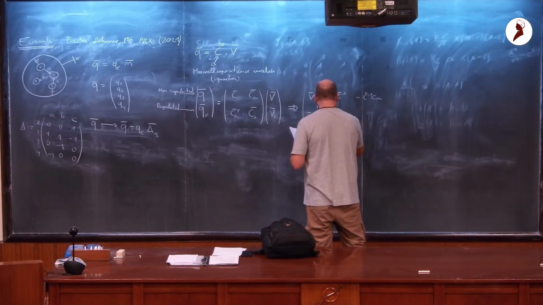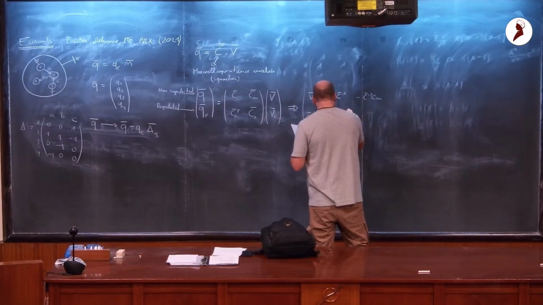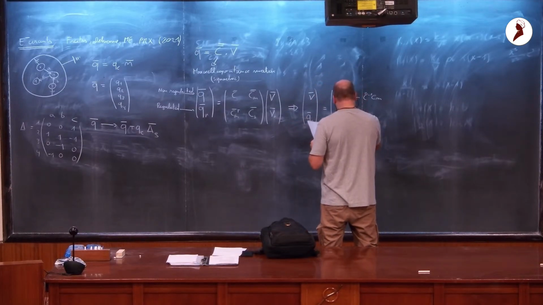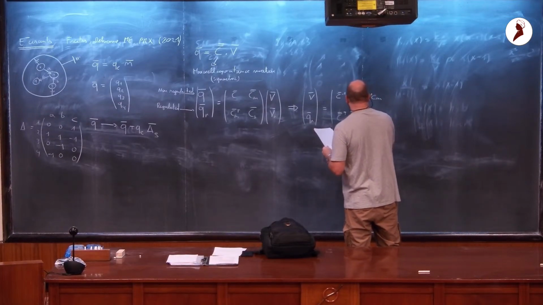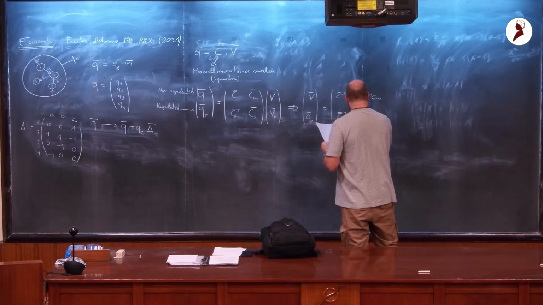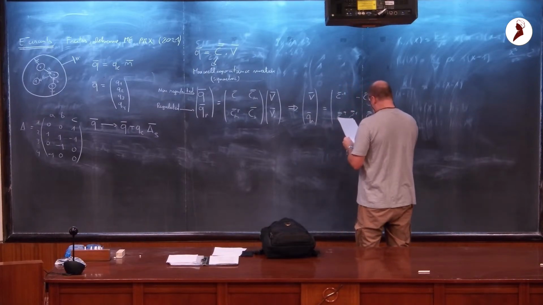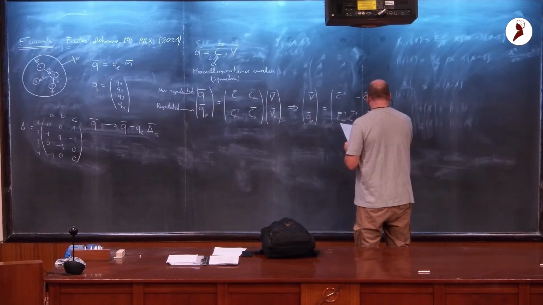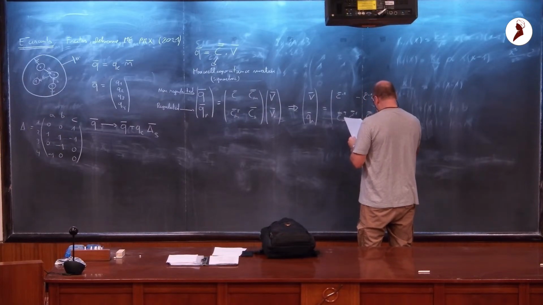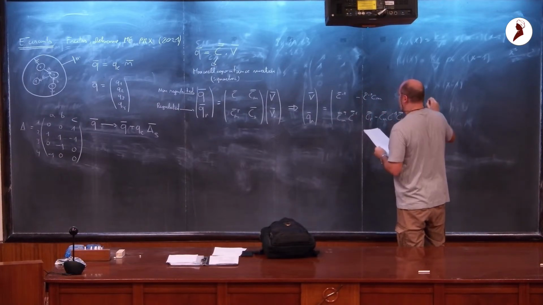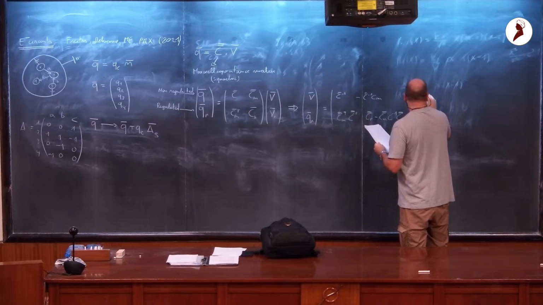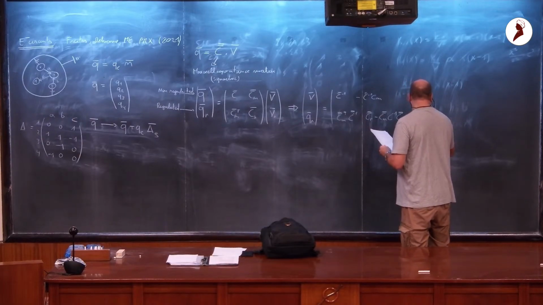It's easy to see that here you should have Cm transpose C minus 1, and here Cr minus Cm transpose C minus 1 Cm. And that acts on Q and Vr.